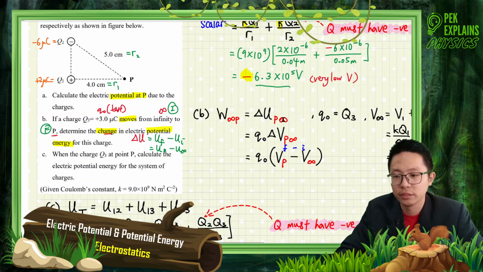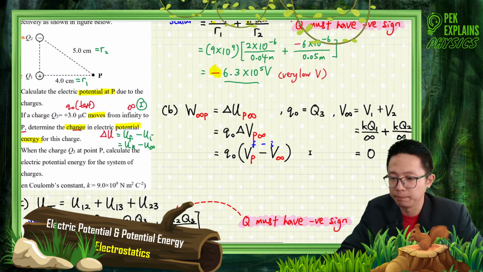Work done from infinity to point P is delta U P infinity, that means the final potential energy minus the initial potential energy. Delta U P infinity is also equal to Q3 delta V P infinity, where delta V P infinity is V P minus V infinity, final minus initial. I hope you already understand this.